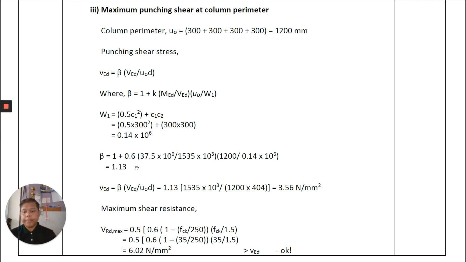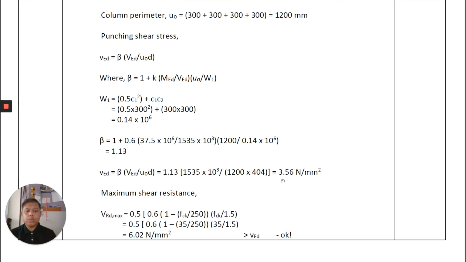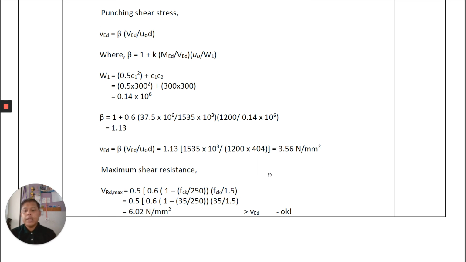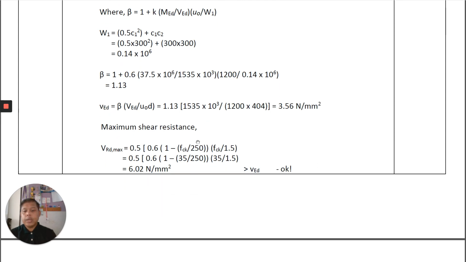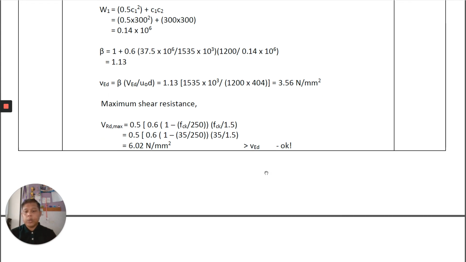Then you get the answer 1.13. VED is equal to 3.56 Newton per millimeter square. Here you have to use an average D. And then VRD max, you get using this formula, and then you should get the answer bigger than VED, then the answer will be okay.